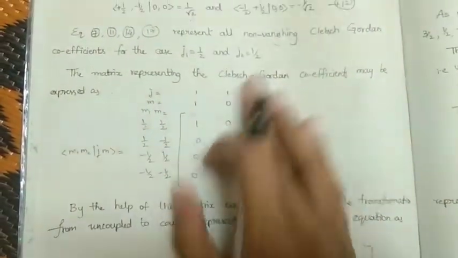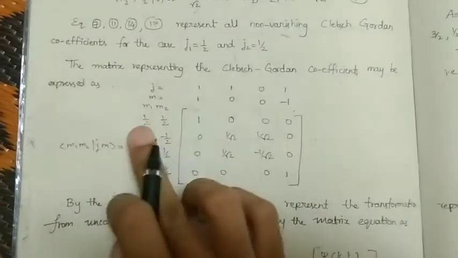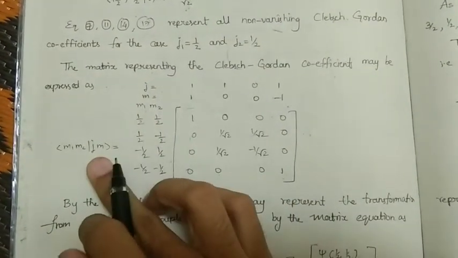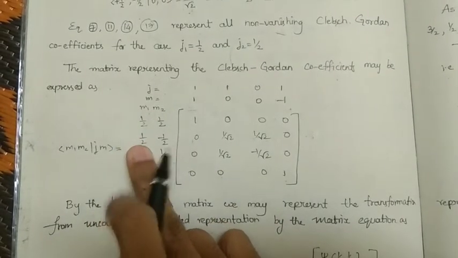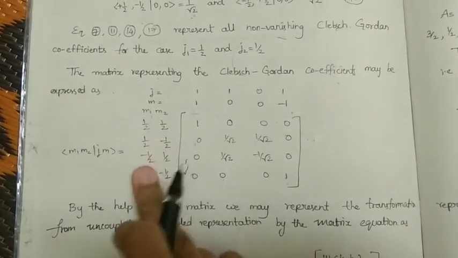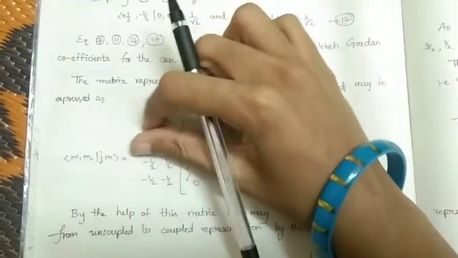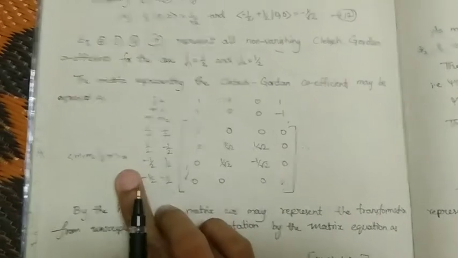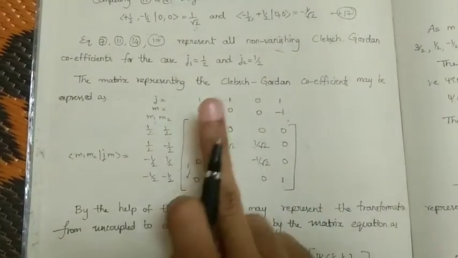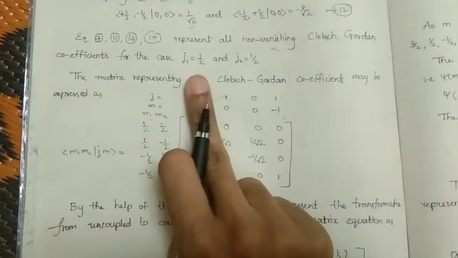It has to be kept in that form. And here are the possible m1 m2 combinations. So this is half, this is half. If this is plus half, the other is plus half comma minus half. When this is minus half, the other is plus half comma minus half. So there are 4 possible combinations.